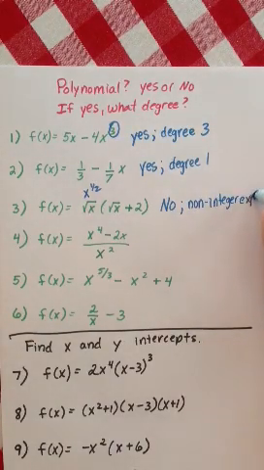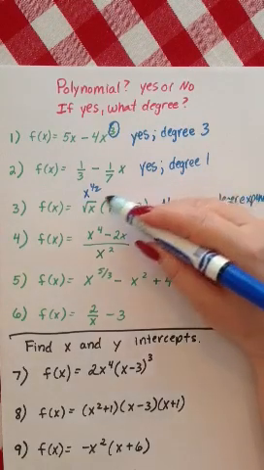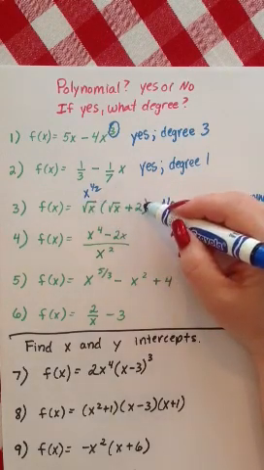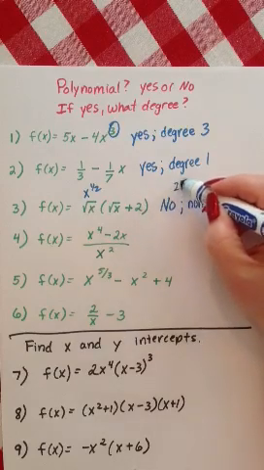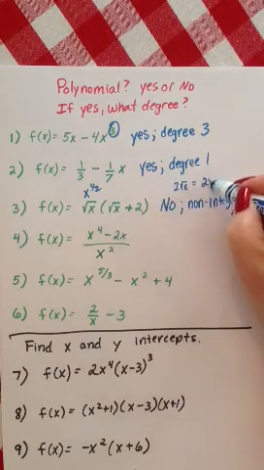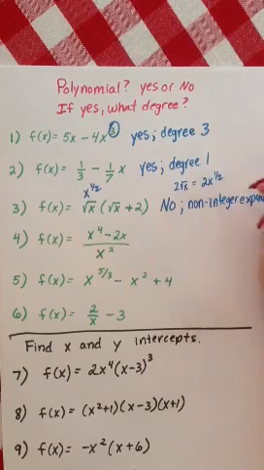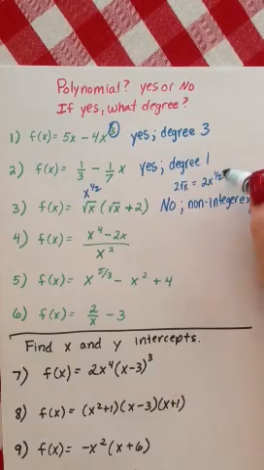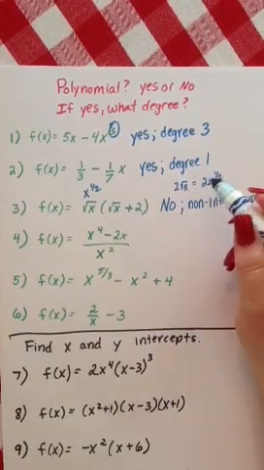They're going to ask you why it is not a polynomial. It's because it has non-integer exponents, because 2 square root of x is the same thing as 2x to the 1/2. No fractional exponents, because we said exponents have to be integers, which means not fractions.